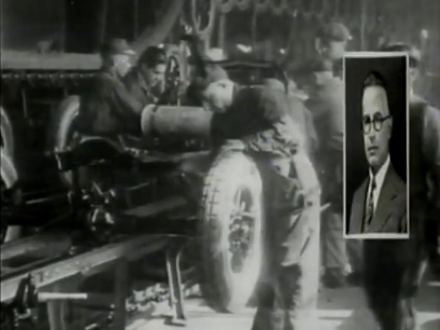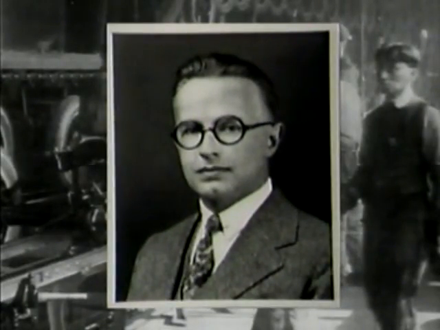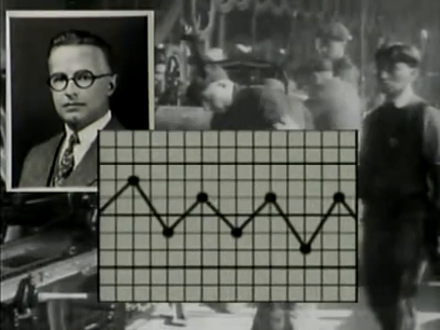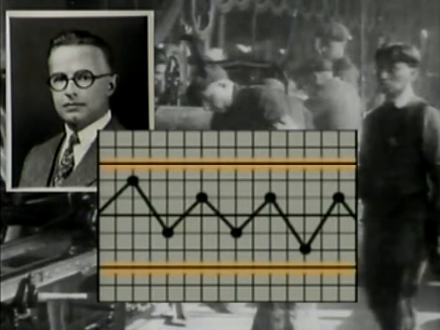In 1924, a member of this team named Walter Shewhart came up with a way to determine mathematically boundaries of natural variation for a process. Shewhart developed a chart to display this variation. The chart, which became known as the Shewhart control chart, had limits for the amount of variation that should occur in a process.